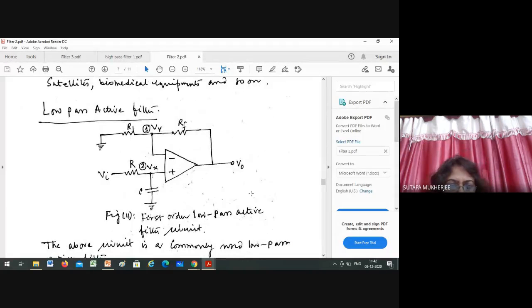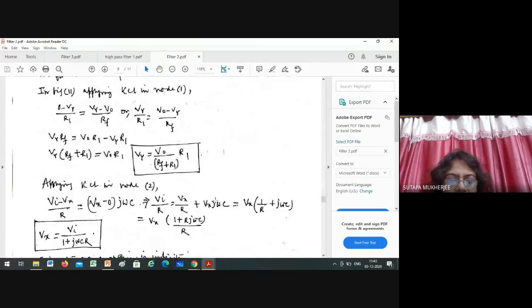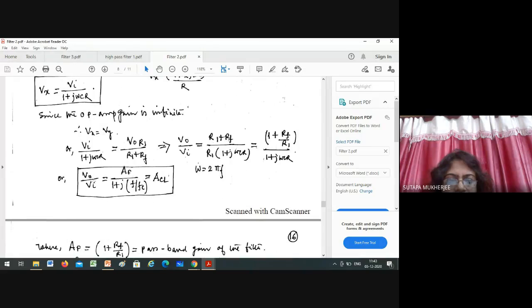This is the circuit for the low pass filter. You have told me how to determine the value of Vy and the value of Vx. After that, you equated Vy equals Vx, and doing that, Vy equals Vs. You have got the formula V0 by Vi equal to Af by 1 plus j into f by fc.